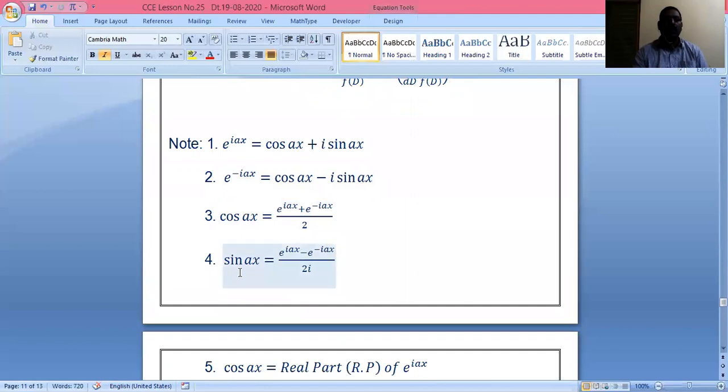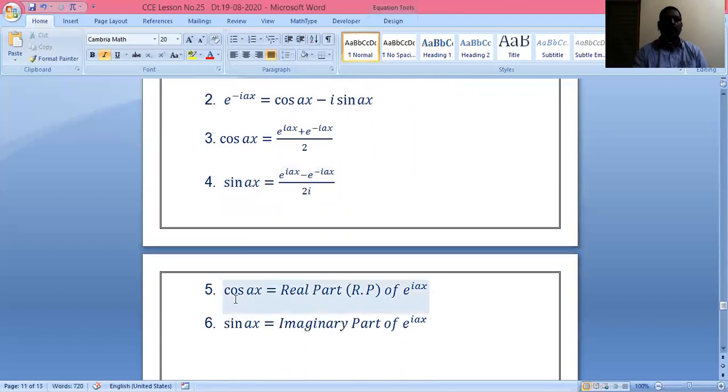Note 4. sin ax is equal to e power iax minus e power minus iax by 2i. Note 5. cos ax is equal to the real part of e power iax, and sin ax is equal to the imaginary part of e power iax.